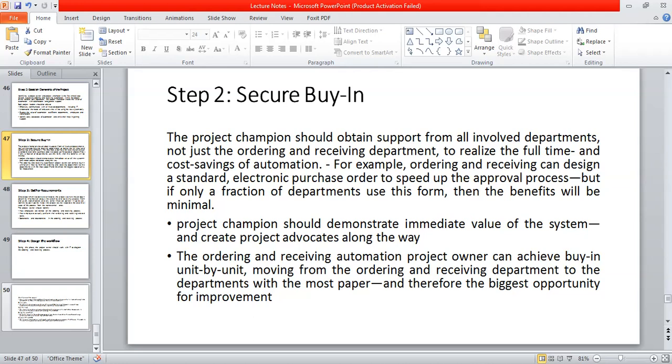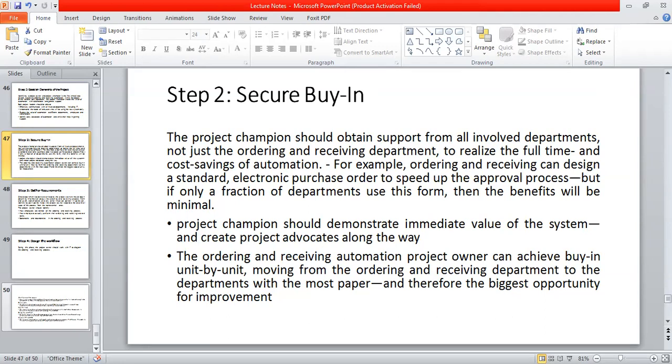For example, the ordering and receiving department can design a standard electronic purchase order to speed up the approval process. But if only a fraction of the department use this form, then the benefits will be minimal. So the project champion should demonstrate the immediate value of the system and create project advocates along the way so that they gain buy-in from everyone within the organization.